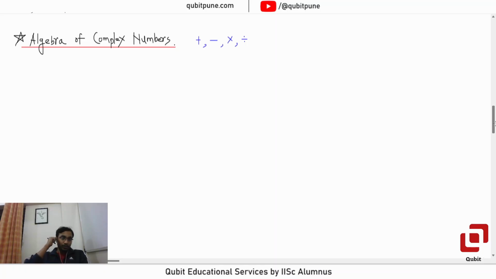Now we go to algebra of complex numbers. The 0th point is important: there is no comparison among complex numbers.